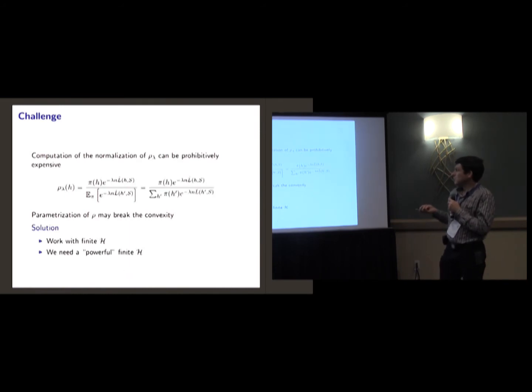So what we do instead is work with a finite hypothesis space. And for a finite hypothesis space, we can compute the partition function. But the point is that we need a powerful finite hypothesis space. So the next critical point is how to construct a powerful but finite hypothesis space.